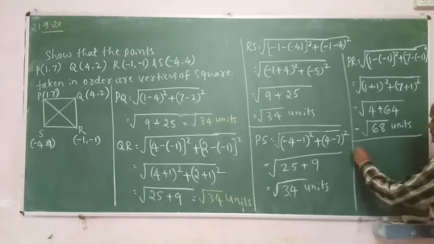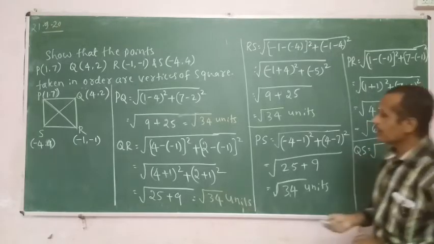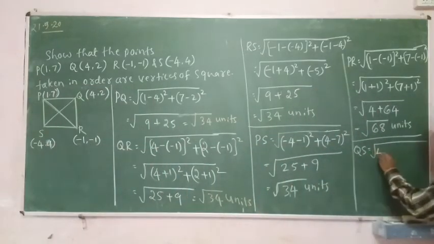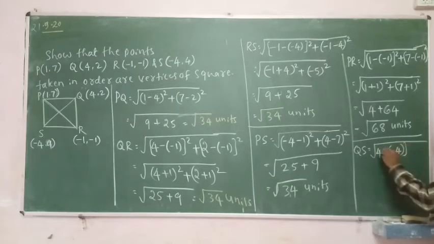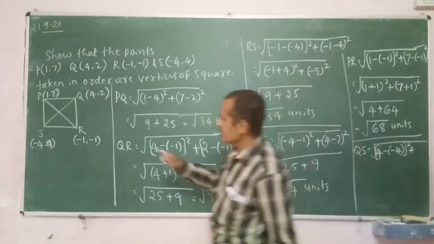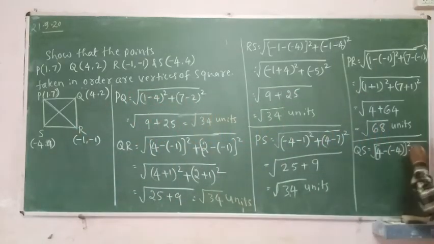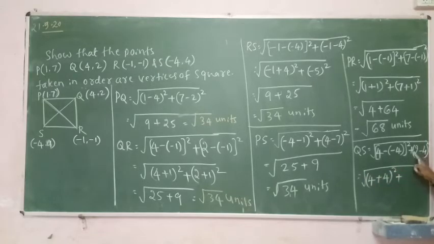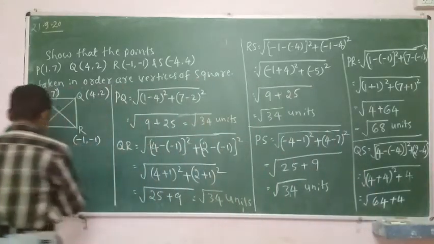Come on, QS is equal to under root of (4 minus of minus 4) the whole square plus (2 minus ...) the whole square.